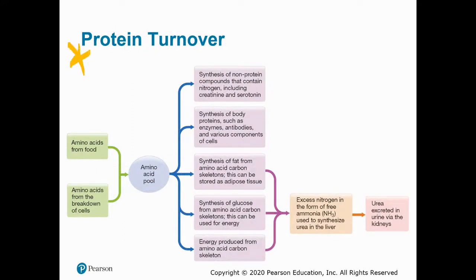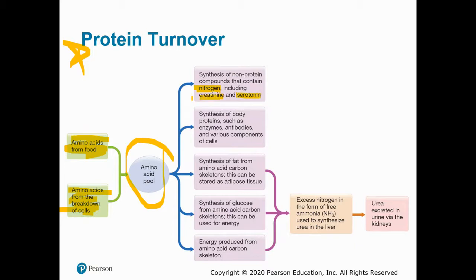This is a helpful chart too, to kind of show you how we build the amino acid pool. Basically, again, amino acids from proteins from our foods, or amino acids from the breakdown of cells or other proteinous structures within the cell. And so then those amino acids are available for us to build non-protein compounds that might require nitrogen.